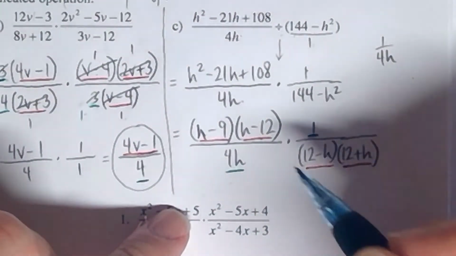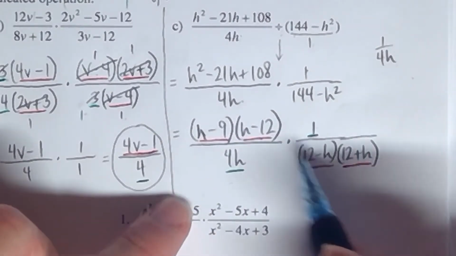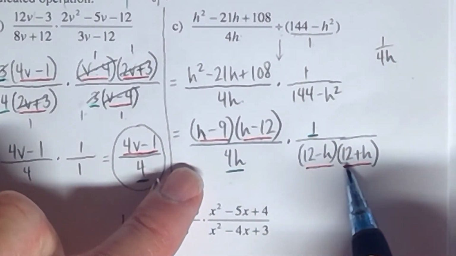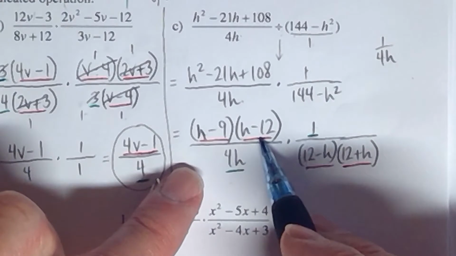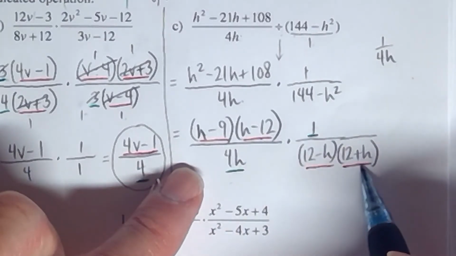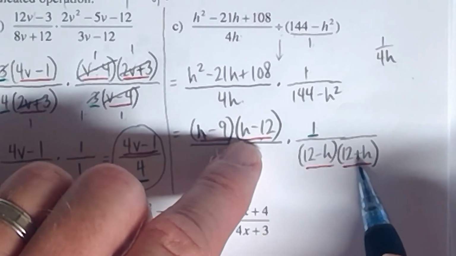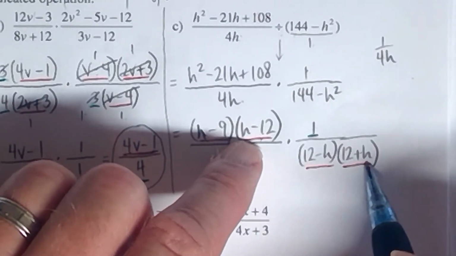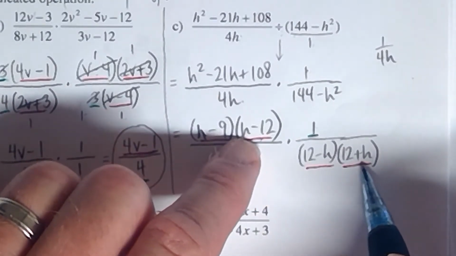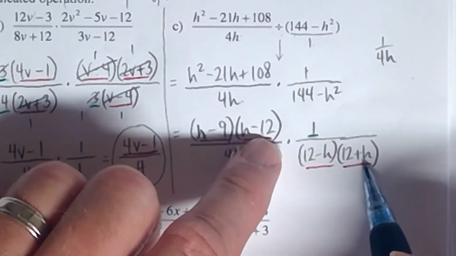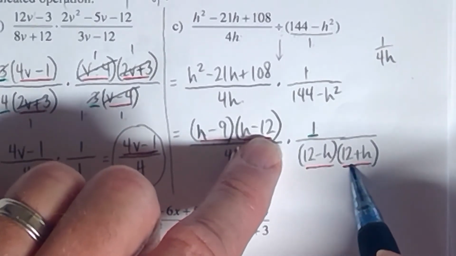You can see here that h minus 9 doesn't cancel with anything down here, but the h minus 12 cancels with this, not this one over here, because remember, you can't cancel if one of the terms has the same sign but the other one's different. See how you've got positive h, negative 12, positive 12? You can't cancel that.